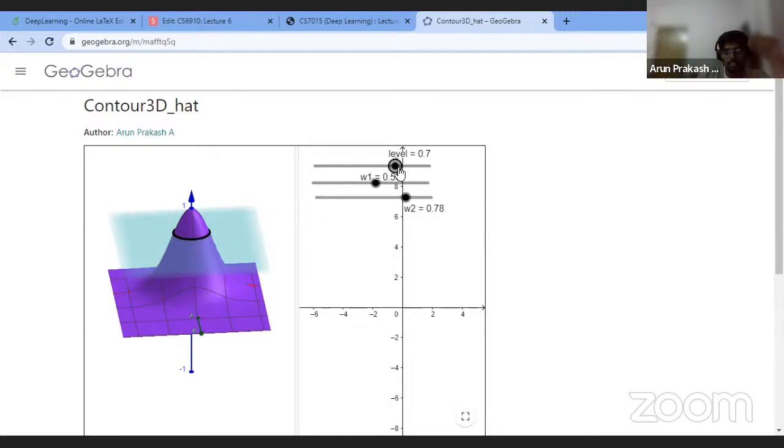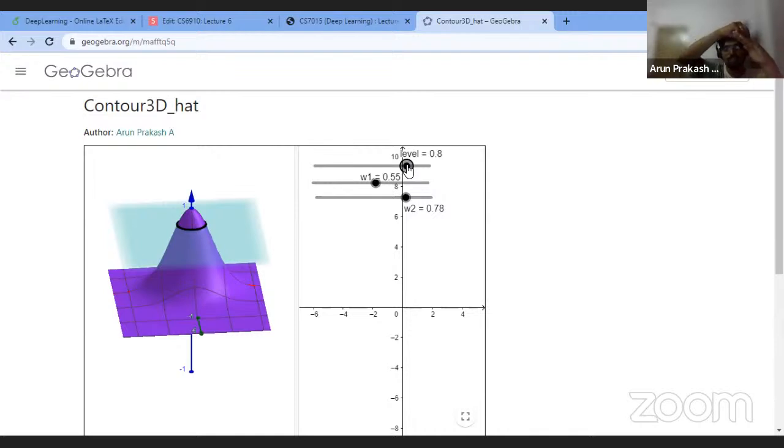Then as I keep varying it, now my level is equal to 0.8. So this is a contour generated by cutting this 3D surface by an xy plane placed at z equal to 0.8. Or you can say that is the surface with value 0.8.